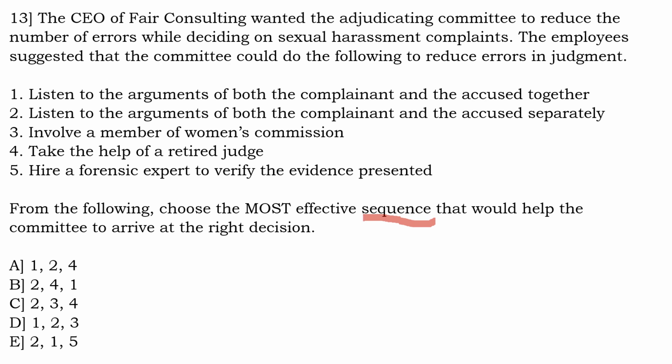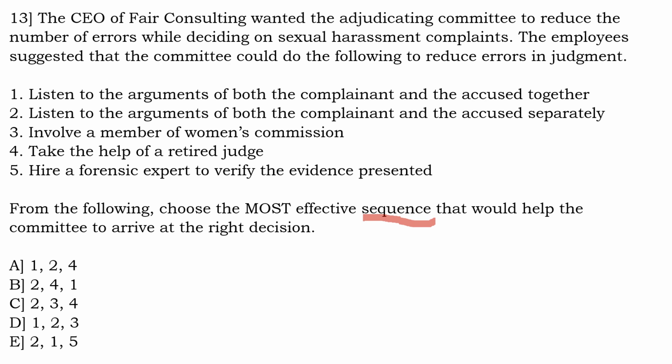Then what is the next obvious step that we take in all adjudicating processes? You check the evidence presented by both the people. So hiring a forensic expert to verify the evidence presented will be the next natural step. So the sequence should be 2, 1, 5. After that, yes, you can either take the help of a member of the women's commission or a retired judge.